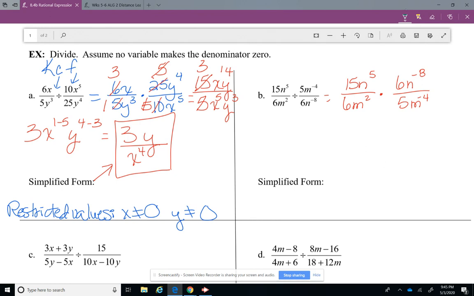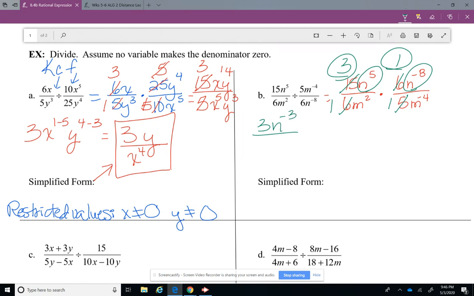All right, so let's see what cancels. 5 goes into 5 once, 5 goes into 15 3 times. The 6's both cancel. So we have 3 times 1, which is 3. And I have n to the 5 and n to the negative 8. So it's really 5 minus 8 because they're both in the numerator. So that's n to the negative 3.